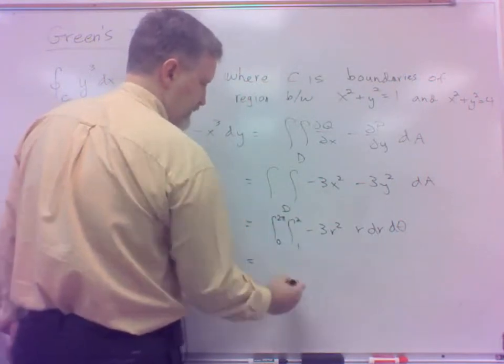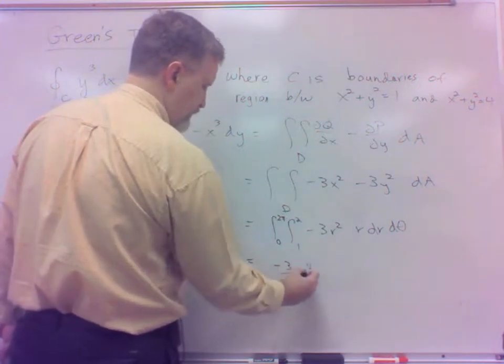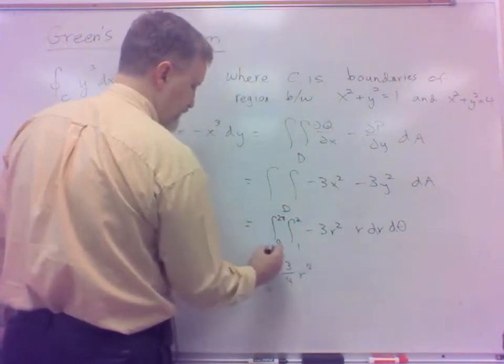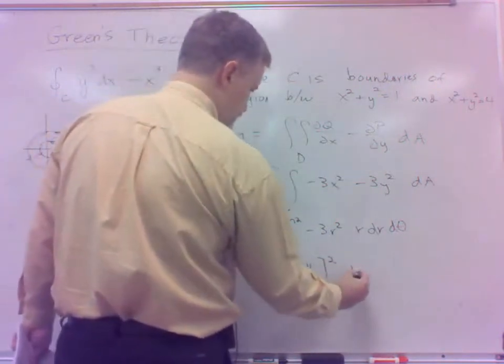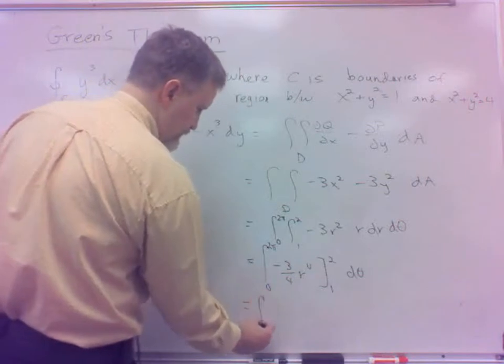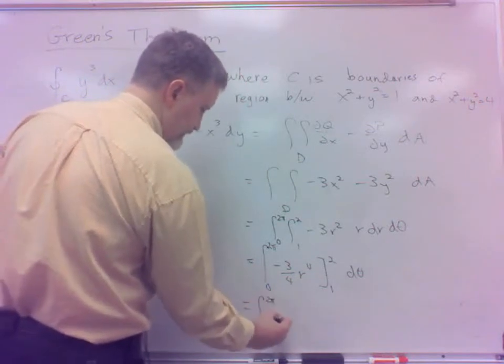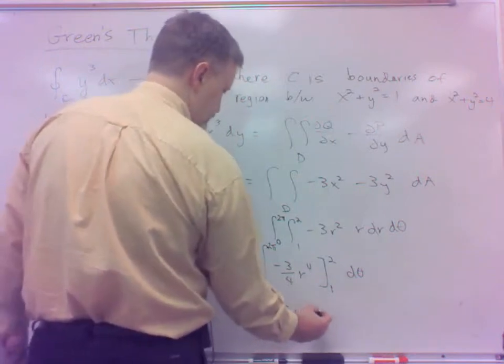Okay, so what was it? It'd be minus 3/4 r to the 4th for the r integral. Now we're going from 1 to 2, so what does that change? 3/4 of 16 minus negative 3/4.